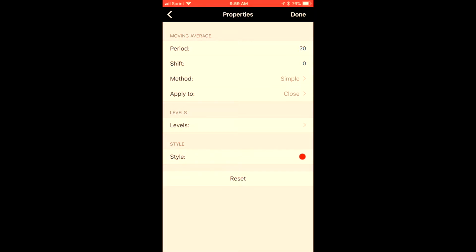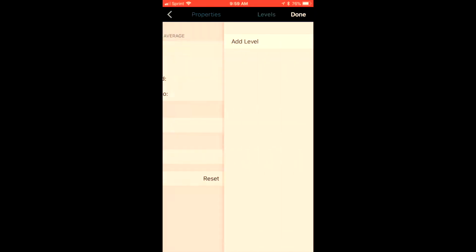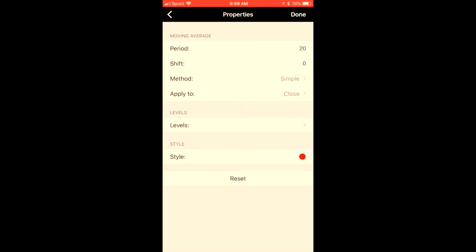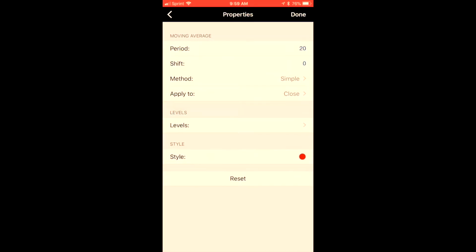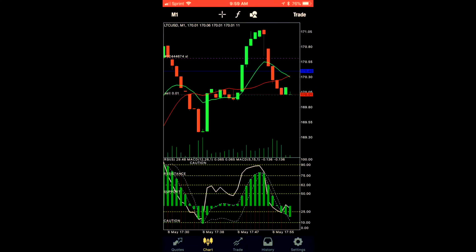The method is simple, it's applied to the close, the levels are 0, and the style is red. Don't forget, in your styles, make sure that you're at least 4 pixels. That's bigger, letting you know it's wider.